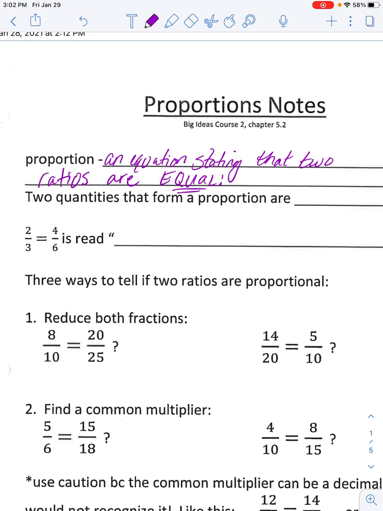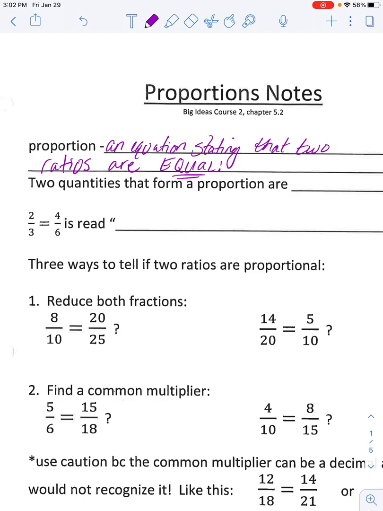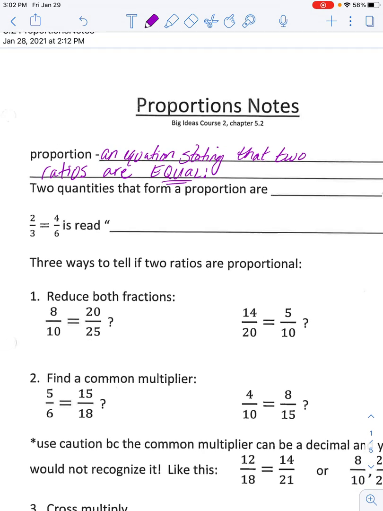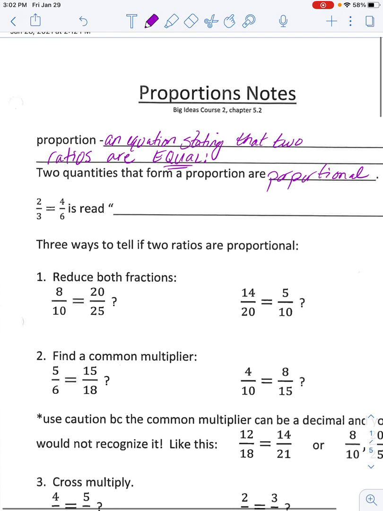So something is proportionate if the two ratios are equal. Okay? Or we can say two quantities that form a proportion are proportional. Okay?